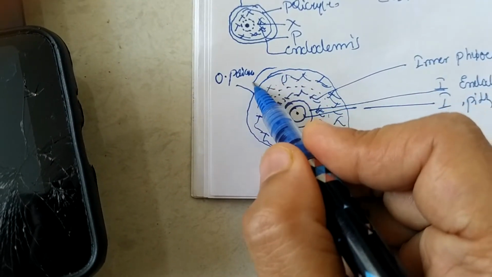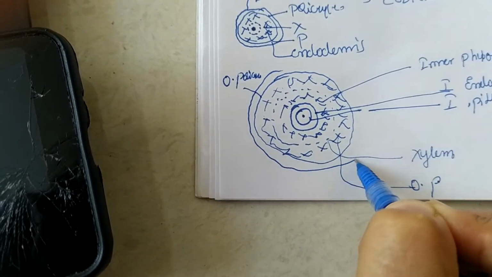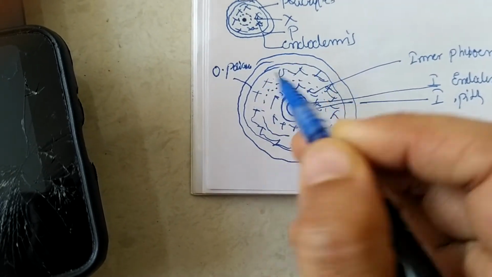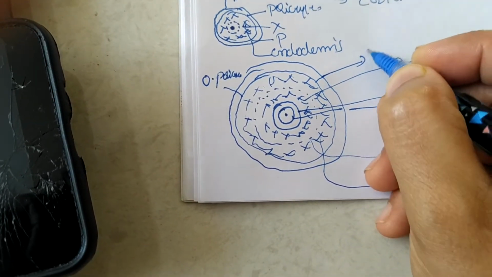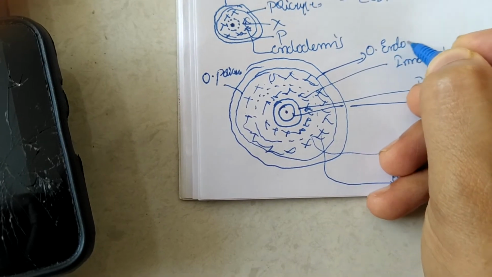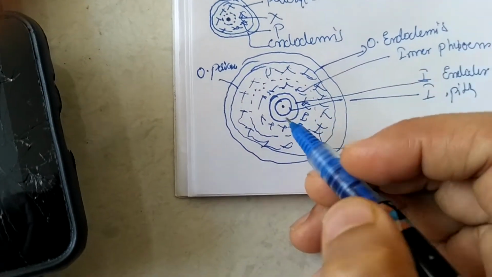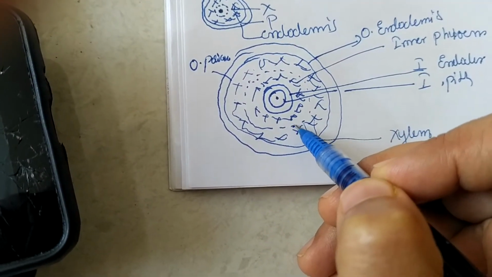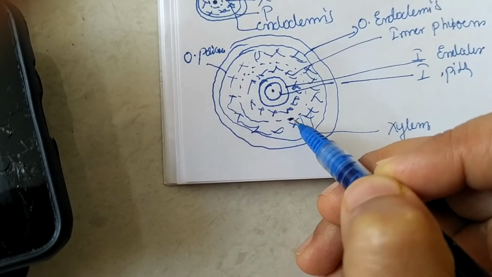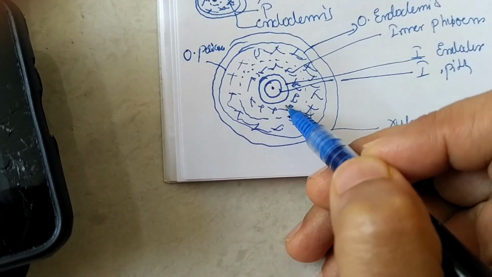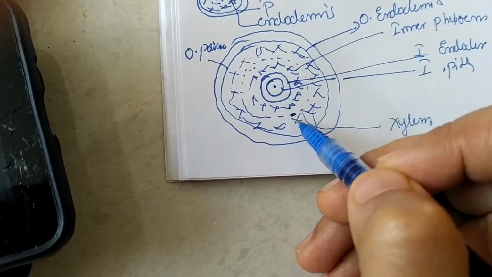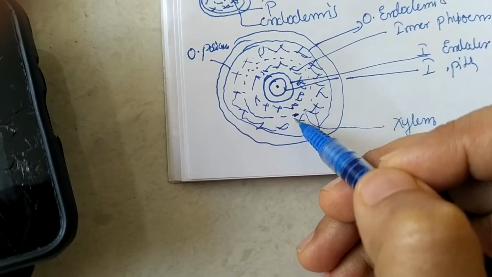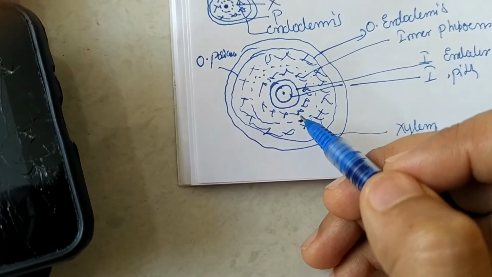Outer pericycle is surrounded by endodermis again. So this will be the outer endodermis. So what we have is xylem here. On the outward as well as inward position of the xylem, we have the presence of phloem. Two phloem are present. That's the reason it is called amphiphloic.